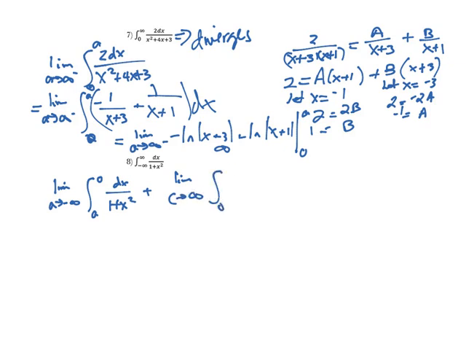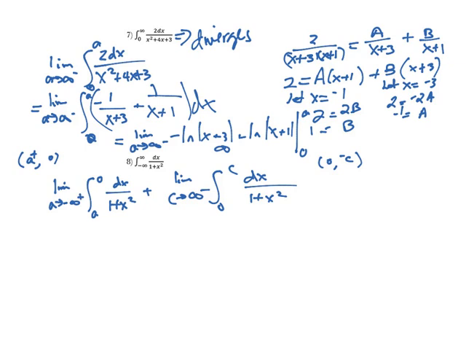So I'll go from 0 to c of dx over 1 plus x squared. So here I'm going from a to 0, and here I'm going from 0 to c. So a is going to approach from the right, c is going to approach from the left.